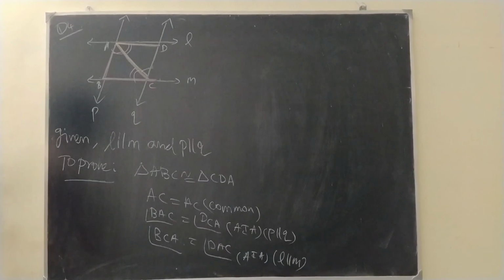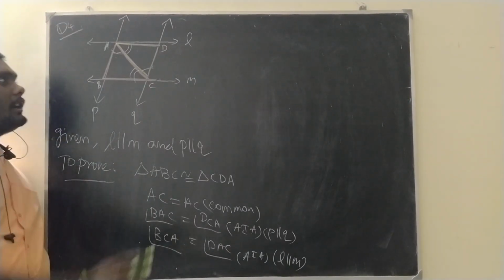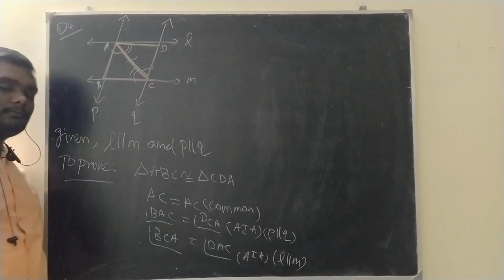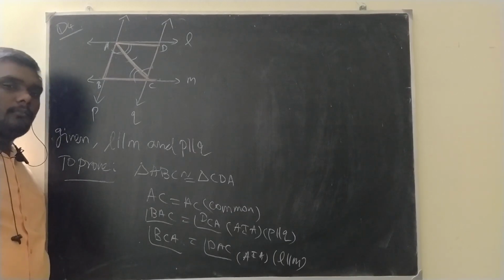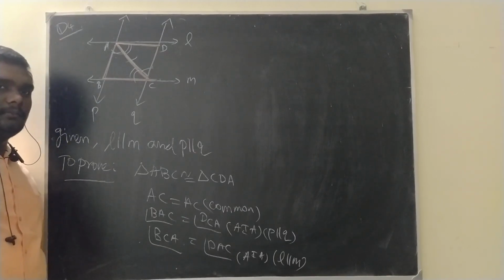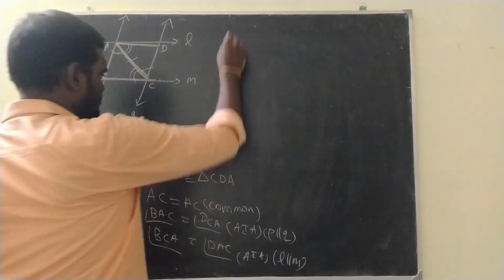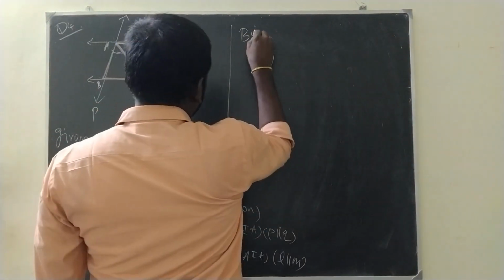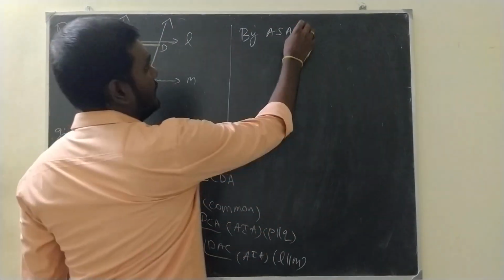Next, we need to identify two angles equal, one side equal. Is that common side of the angle equal? Yeah, common side. So is that AAS or ASA? ASA congruency axiom.